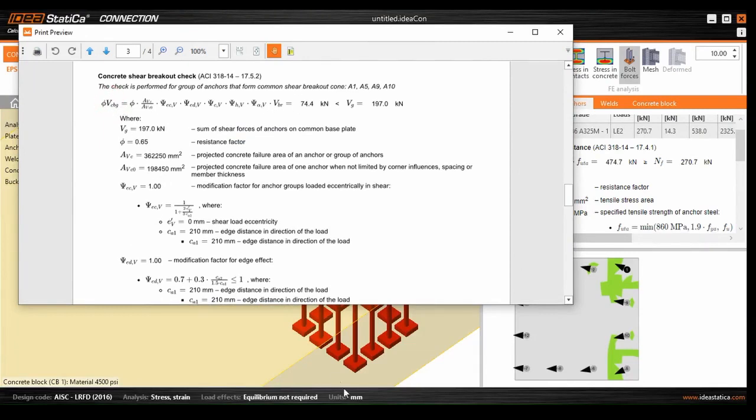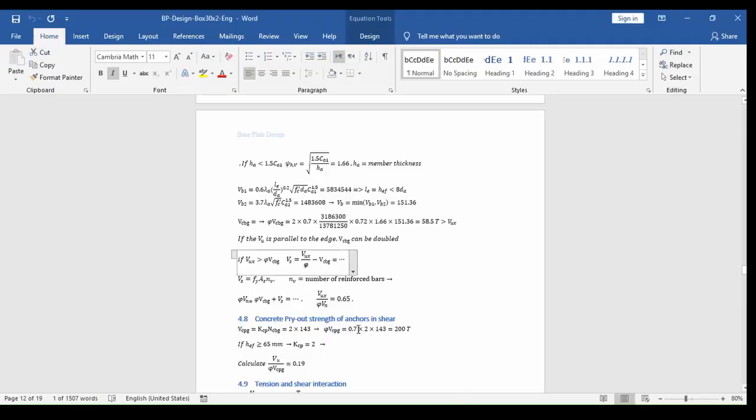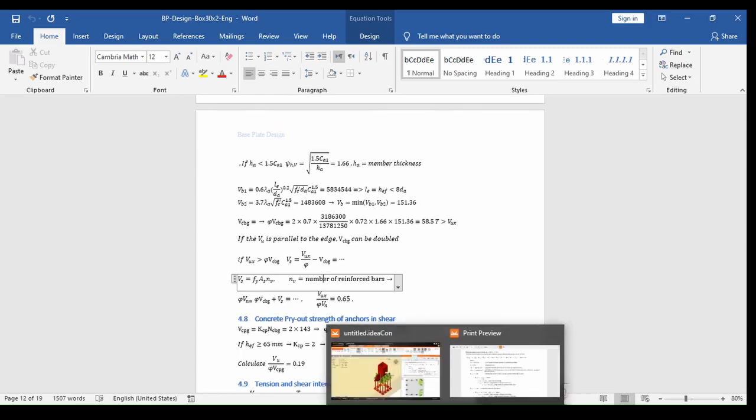Vcbg here, and then you need to assume Vas and then find Nv. Nv is the number of reinforced bars, and also keep in mind that these reinforcements have a pattern to be located under the base plate.